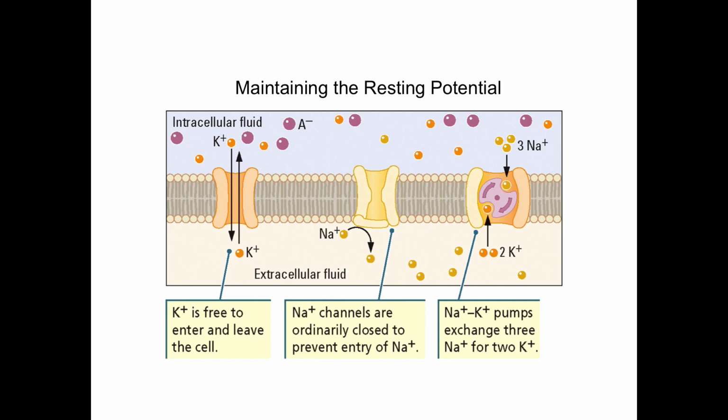And then we have sodium channels that are normally blocked, so unless an action potential happens, which we'll talk about later. But normally sodium channels are closed, so they don't let sodium through. And then lastly, we have the sodium-potassium pump, which pumps 3 sodium ions out of the cell, exchanging for 2 potassium ions into the cell. So keep these 3 specifically in mind.